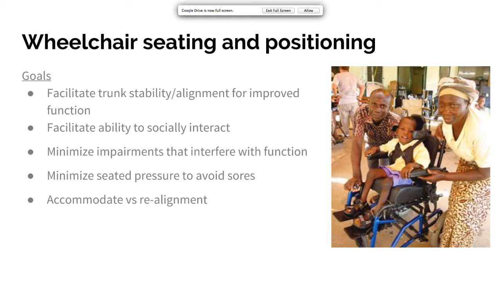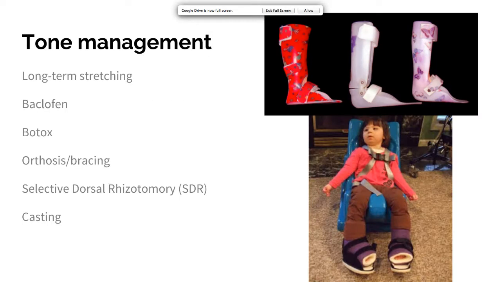Other goals of seating and positioning are to minimize impairments that interfere with function, minimize seated pressure to avoid sores, and to consider accommodation versus realignment, as we talked about earlier in our discussion of fixed versus flexible malalignment. There are several options for managing tone, most of which are very expensive and have limited availability.